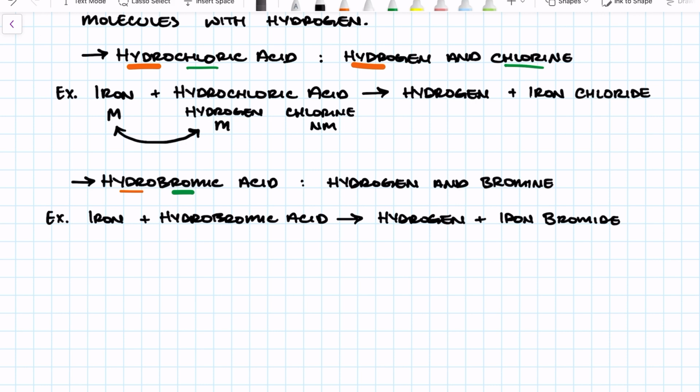All right, so a couple more examples that I would like you to try out just for practice purposes. The first example here is, what do you think would happen if we were to combine magnesium with hydrochloric acid?